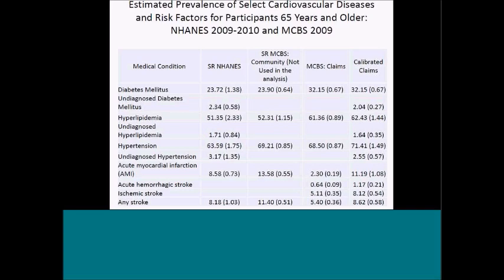So in 2009, there were a lot more claims for diabetes. Because we made the decision that the claim is truth, if they have a claim, they have diabetes, we didn't have to do any changes because it's already higher than the NHANES rate. So the calibrated claims remain the same because we didn't do any calibration for them.